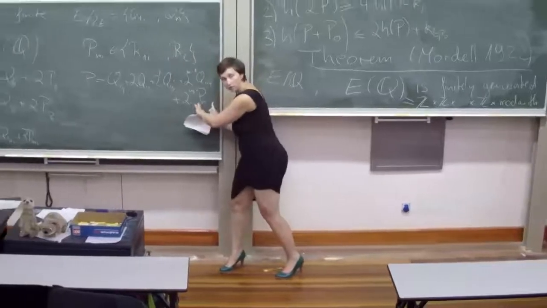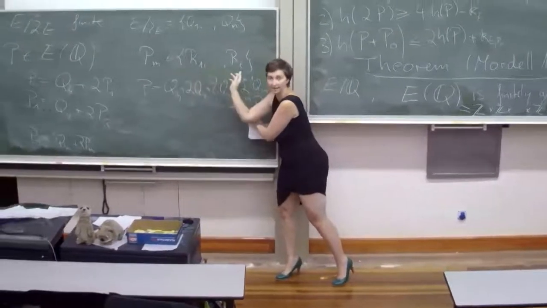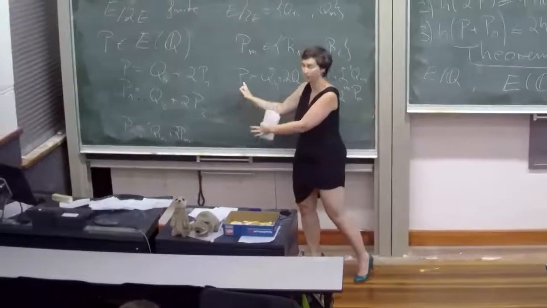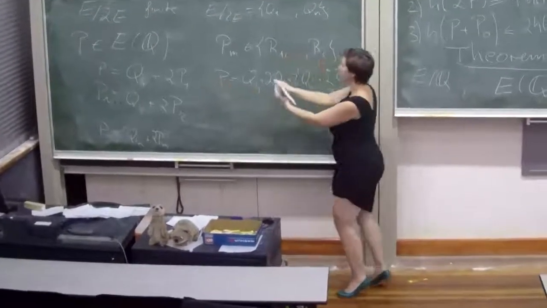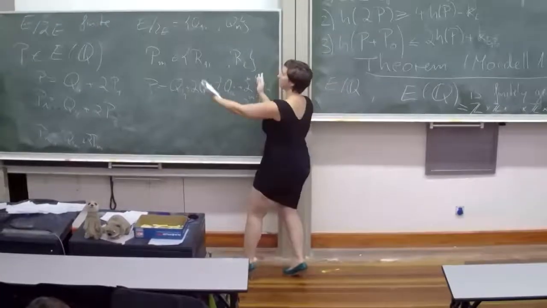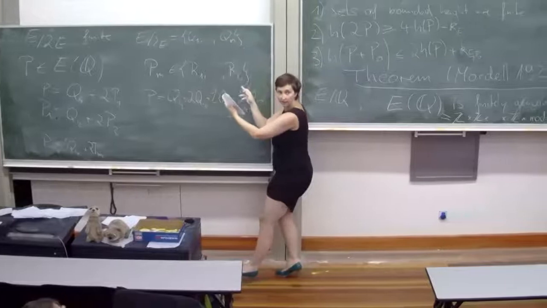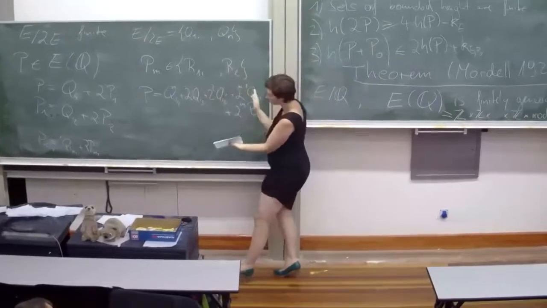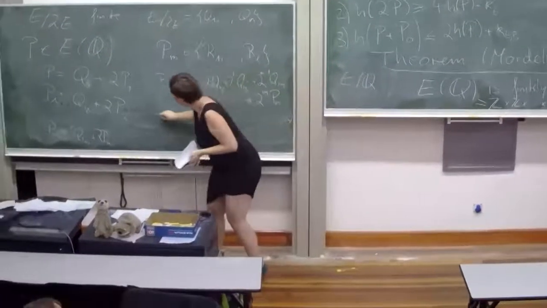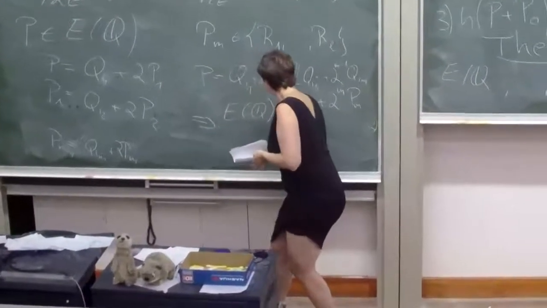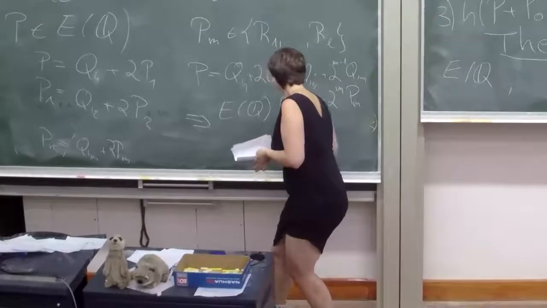But Pm also was from a finite set. So we have a linear combination that represents P, and the things in here only come from those two sets. But those are finite, so the union of it is also finite. And we proved our theorem, finitely generated.